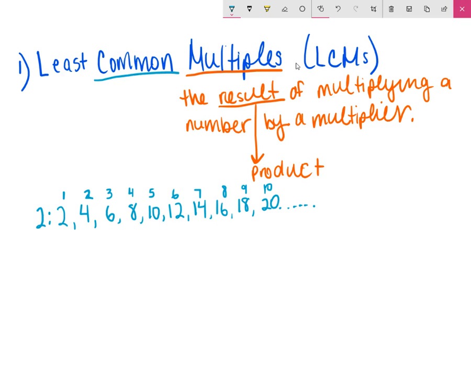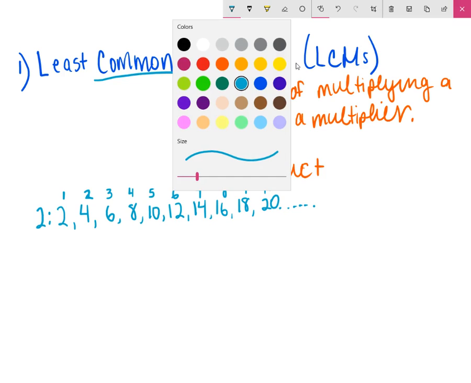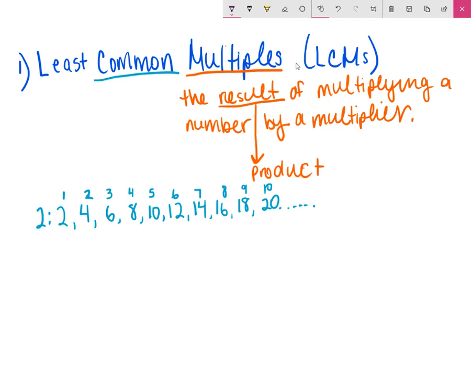So that means if we're going to find out what two numbers have in common, we have to find multiples of another number. Let us try 3. So now we have to do the same thing that we did to 2 to 3.